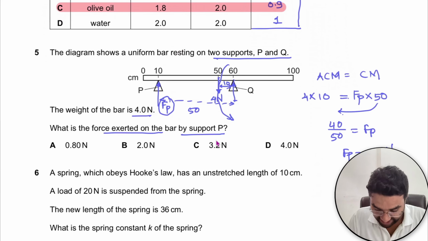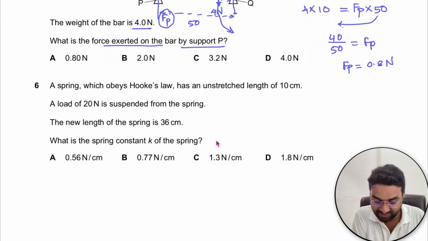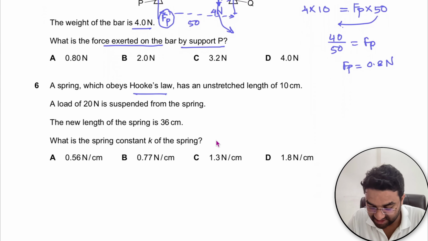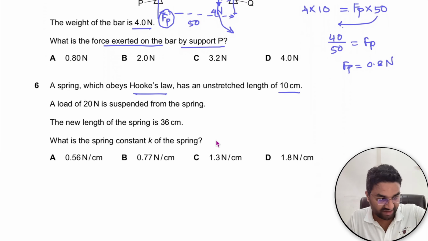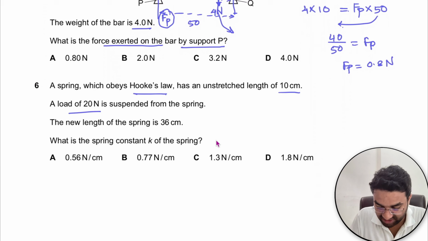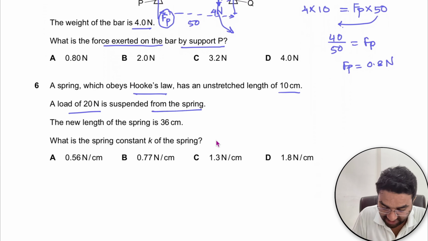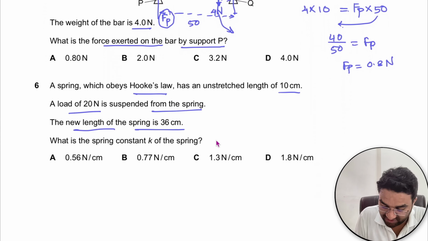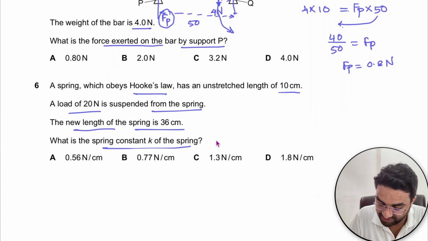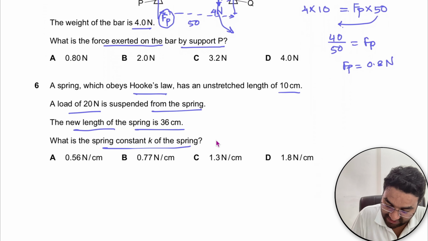All right. Next, a spring which obeys Hooke's law has an unstretched length of 10 centimeter. A load of 20 Newton is suspended from the spring. The new length of the spring is 36 centimeter. What is the spring constant K? First of all, unstretched length is 10 centimeter.